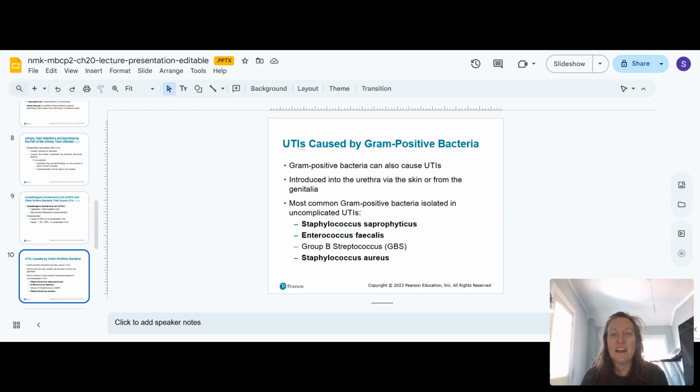That one indicates fecal material, so something digestive. We're looking at the anus being close to the urethra and contamination happening that way. There's also group B strep and Staphylococcus aureus.